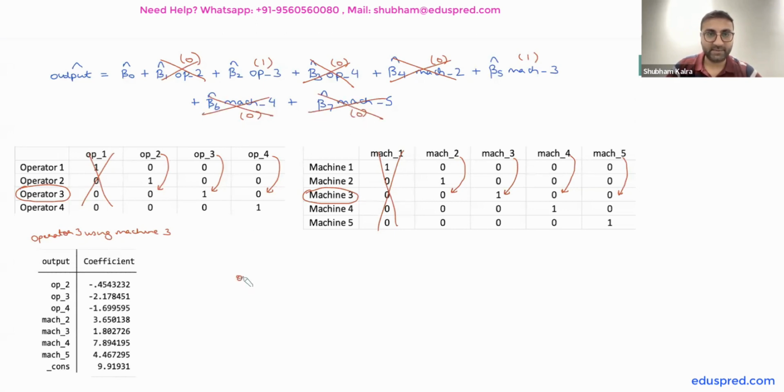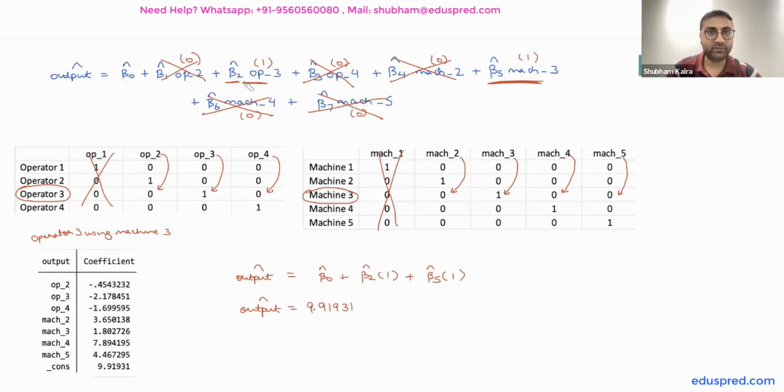So the estimated output is going to be beta 0 hat plus beta 2 hat multiplied by 1, and from here plus beta 5 hat multiplied by 1. Now we are going to put the numbers over here. Your beta 0 hat is 9.91931.